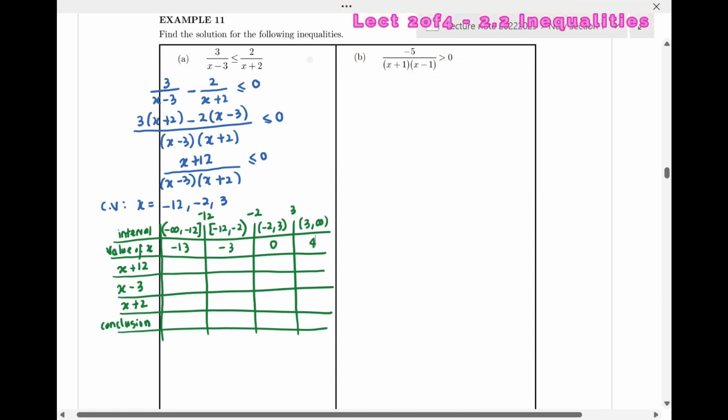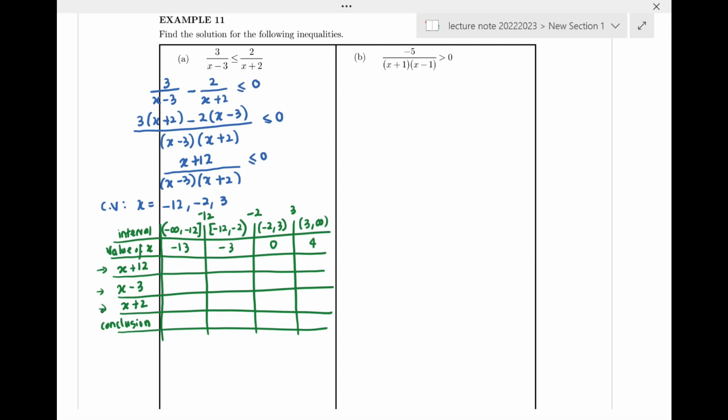So what's next? Okay, next is we have to substitute our chosen value of x. So let's say the first one is negative 13 into our x plus 12, x minus 3, and x plus 2. Just to know the symbol, you can straight away use your calculator.